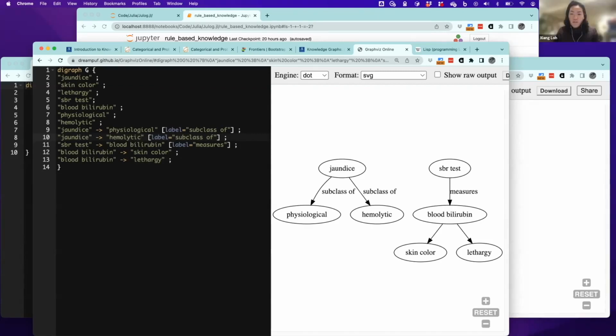I guess when the bilirubin is of a certain level, it presents clinically as jaundice. Do you agree, Carl? Yeah, so we need something going from jaundice to blood bilirubin, right? I think we need a boundary, like a marker, above this and below this for the blood bilirubin level.